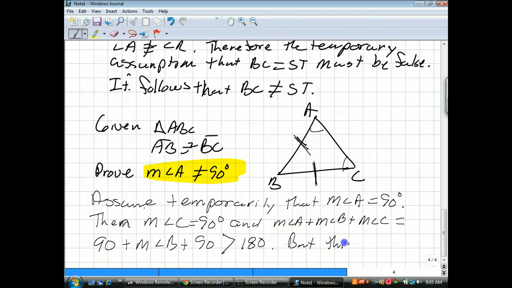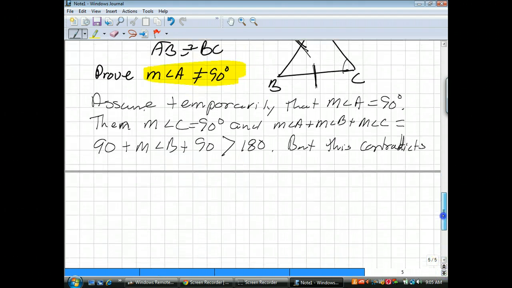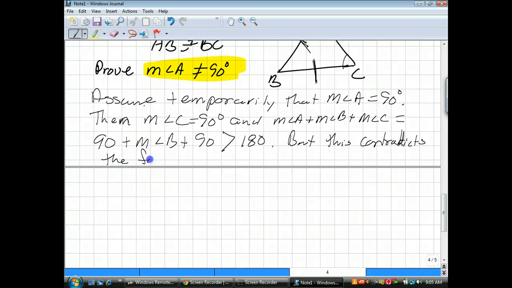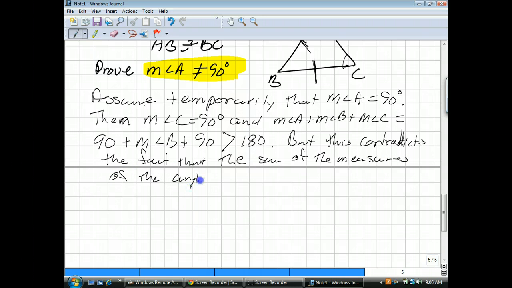But this contradicts the fact that the sum of the measures of the angles of a triangle is 180 degrees.